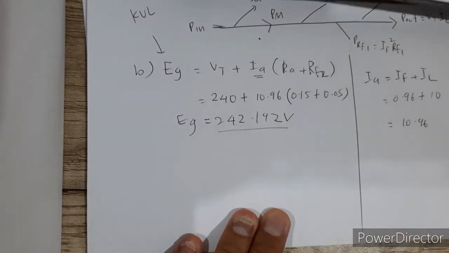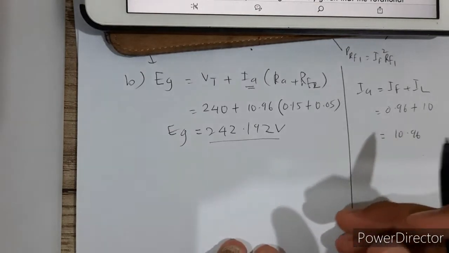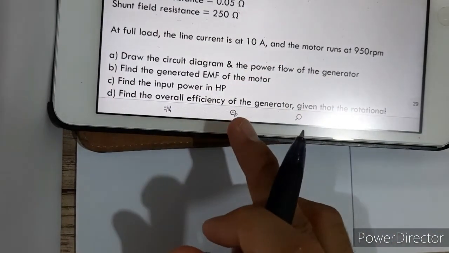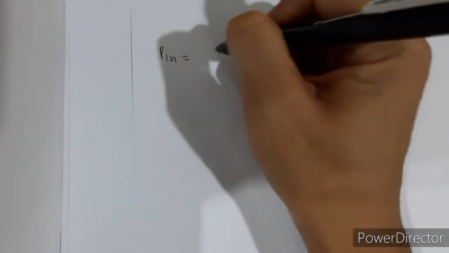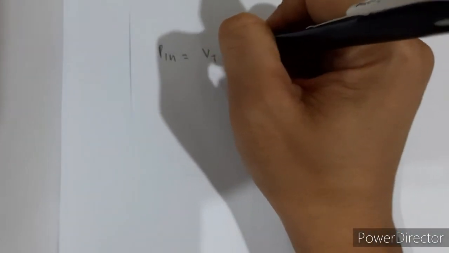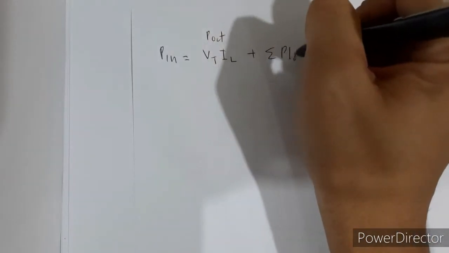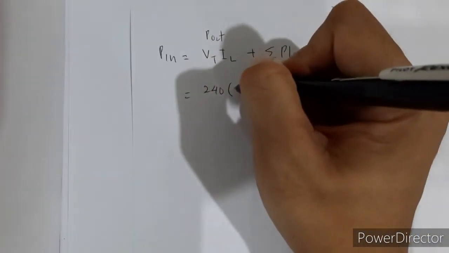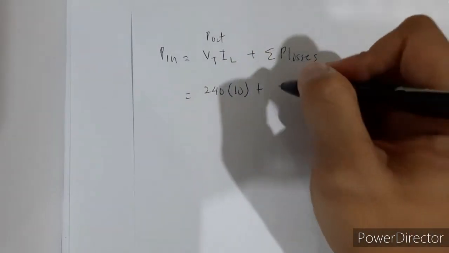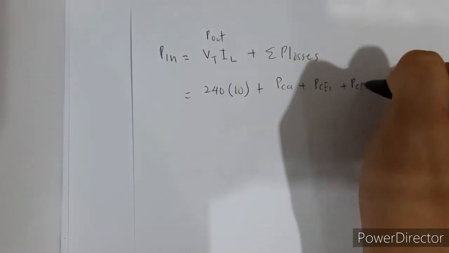So the next question, we want to determine the input power in terms of horsepower. Find the input power in HP. We know that P in for the generator is VT IL, which is our output power, plus the total P losses. So VT is 240 multiplied by IL is 10, plus P losses, we have PCA plus PCF1 plus PCF2.